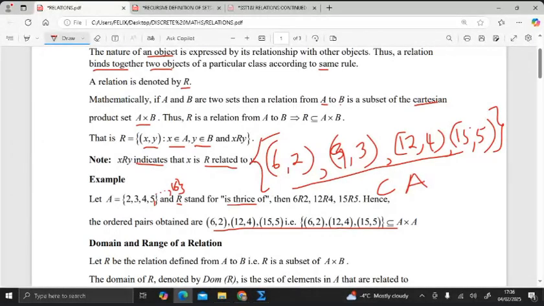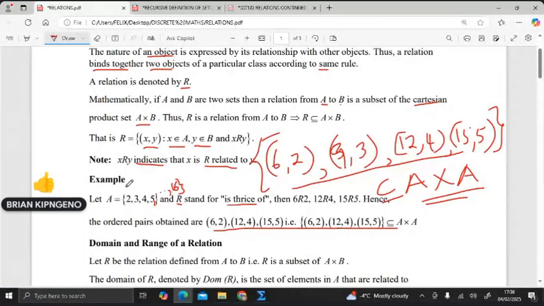And this, if you look at this one, is a subset of the Cartesian product of A and A. That is, A and itself. And as you can see here, as to why, look at this and be very keen.